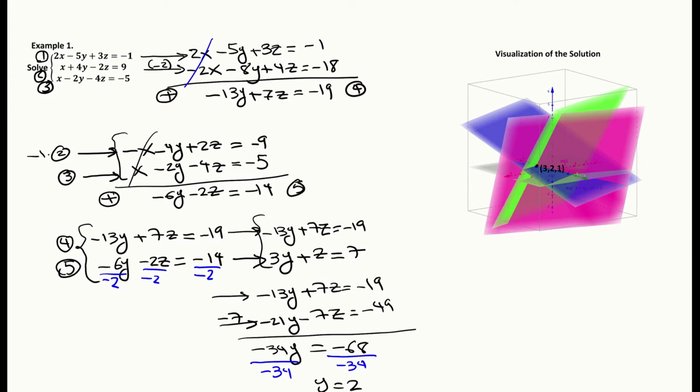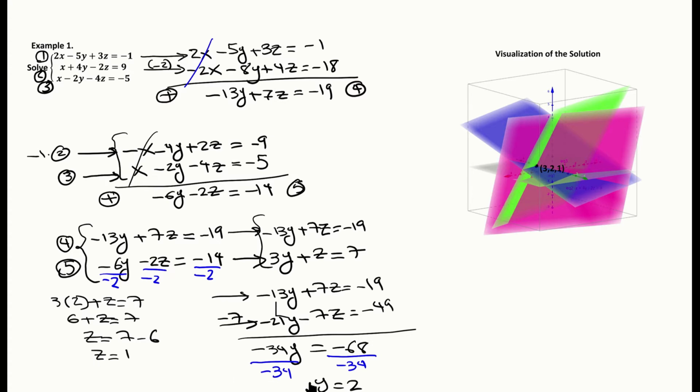So we use y equals 2 in this equation, and we get 3 times 2 plus z equals 7. So we get 6 plus z equals 7, and we end up with z equals 7 minus 6, or z equals 1. Okay, so we're almost there.